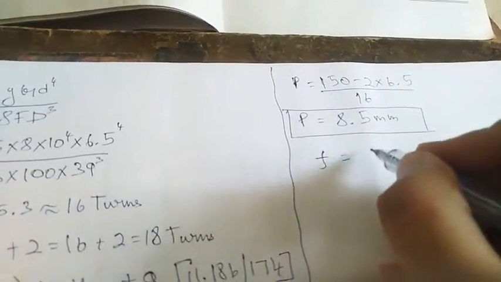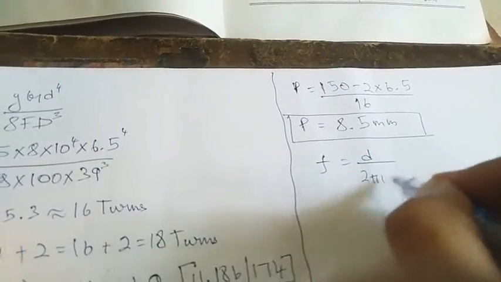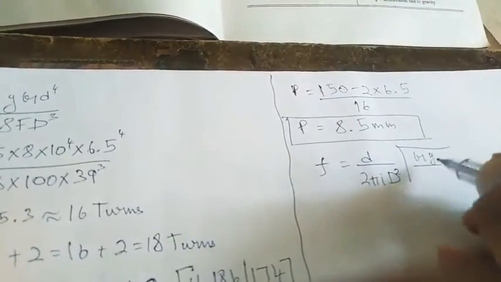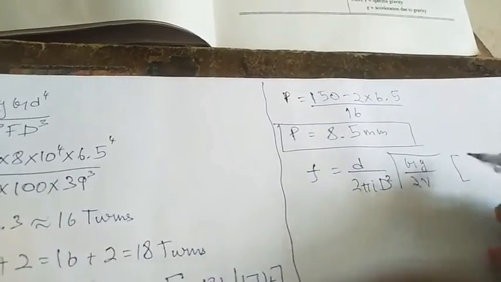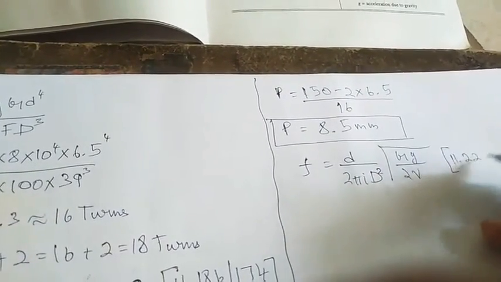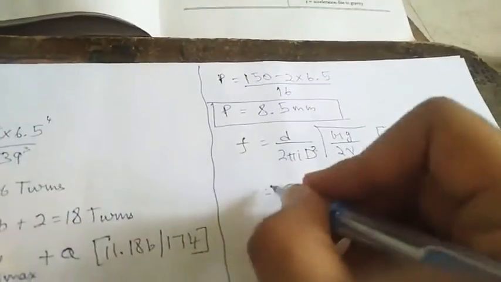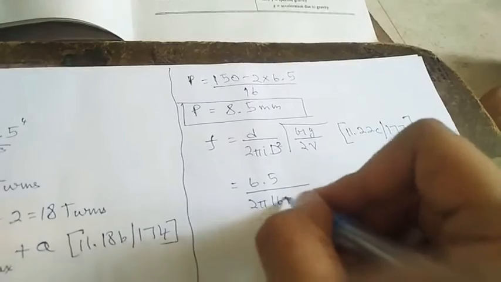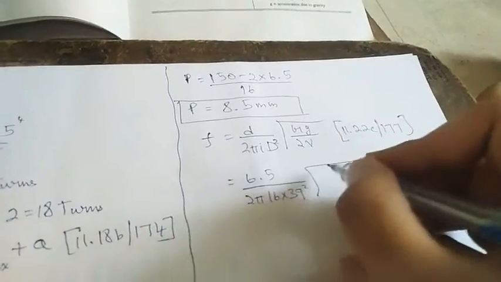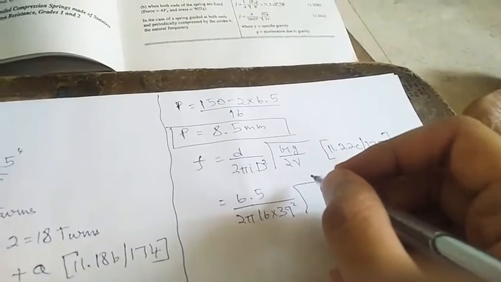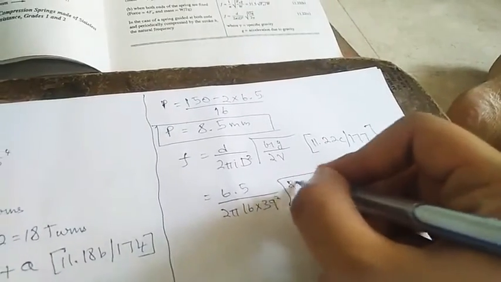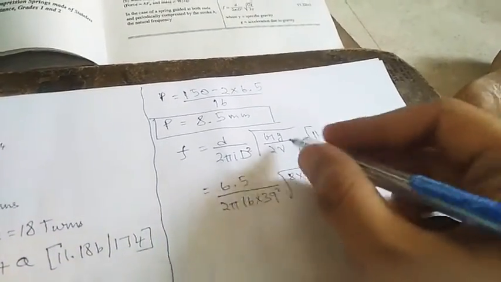F is equal to d by 2 pi i d square root of G by 2 mu, equation 11.22c from page 177. g is acceleration due to gravity.